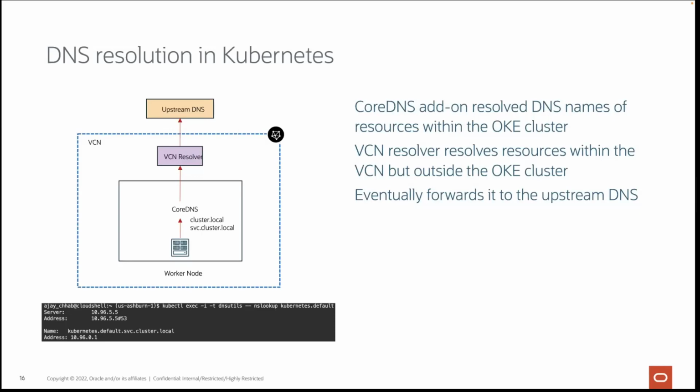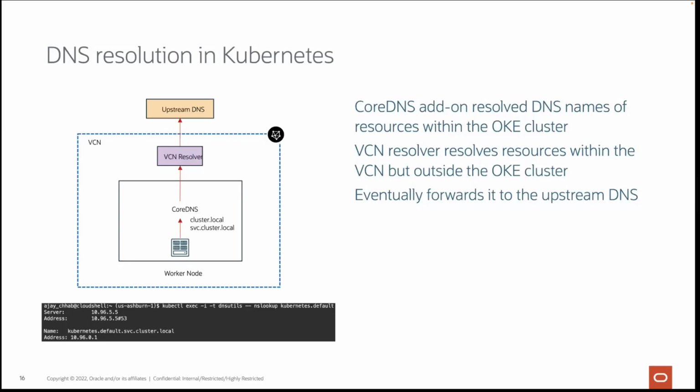So anytime you create a new service inside your Kubernetes, that service name, so let's say if I'm creating a service name called foobar, right? So that service name, which is foobar dot whatever my namespace name is, will automatically register inside the CoreDNS. So let's say if I have foobar in the namespace default, right?